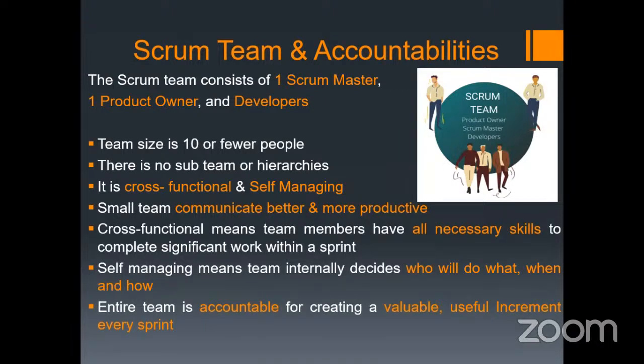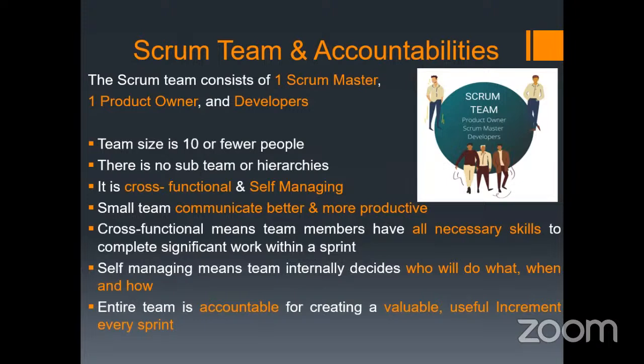The Scrum team consists of one Scrum Master, one product owner, and developers. Earlier, developers were called the developer team, but in the 2020 Scrum Guide, it is defined that there will be only one Scrum team, and the Scrum team members would be called one Scrum Master, one product owner, and the other developers.